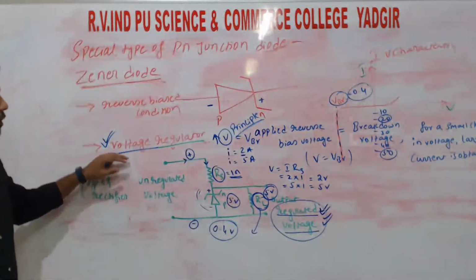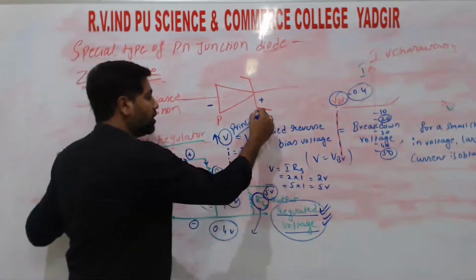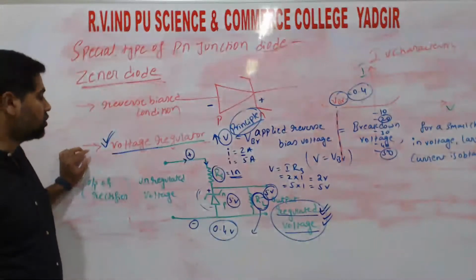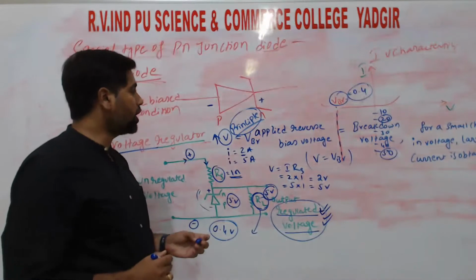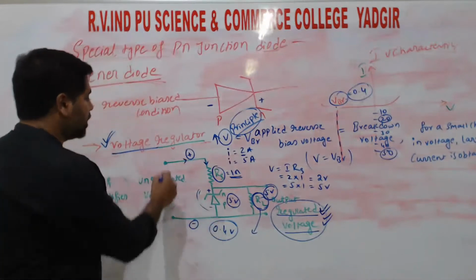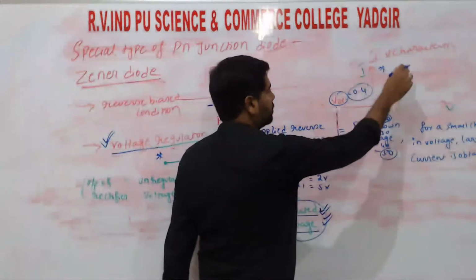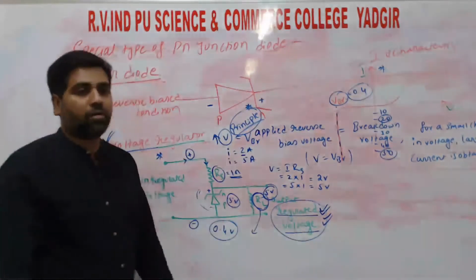So this is the working of the voltage regulator, which is based on the principle of the Zener diode, right? So this is about the voltage regulator. What is important here is the circuit diagram plus the graph and the principle of the Zener diode, right?